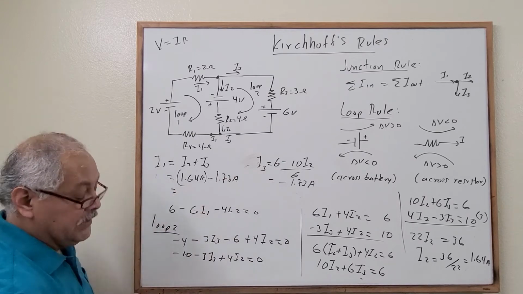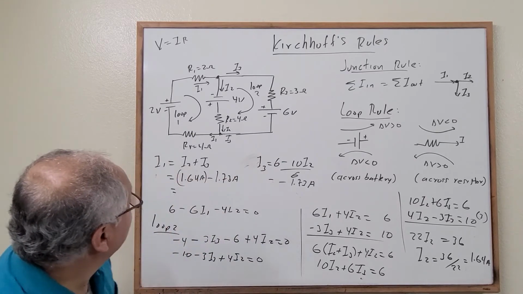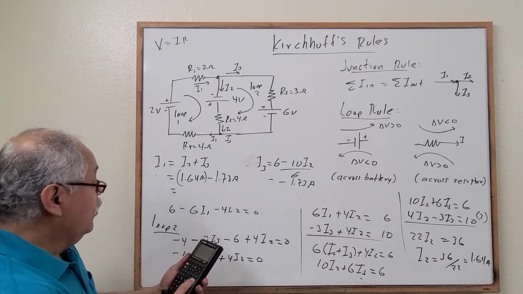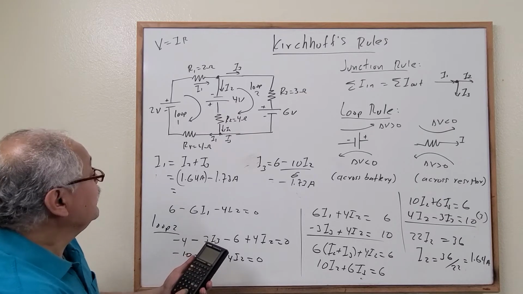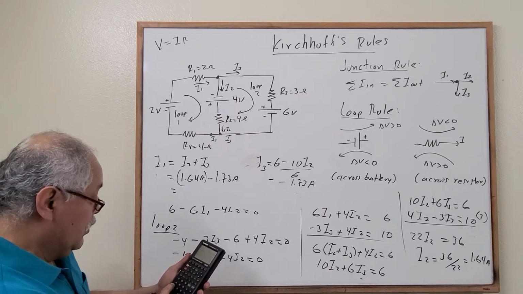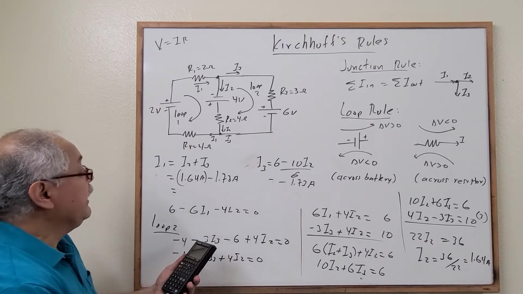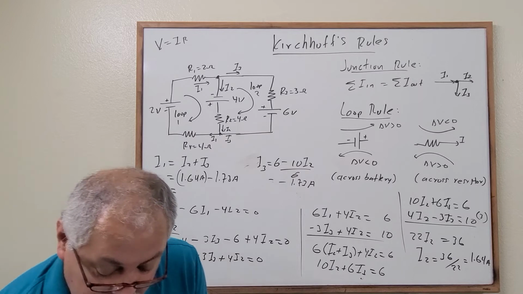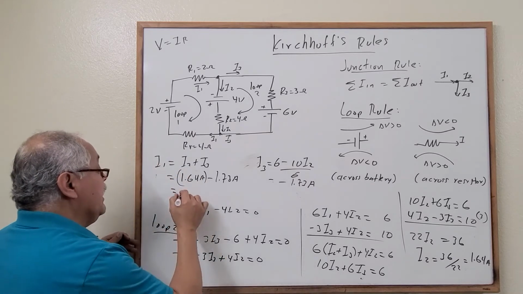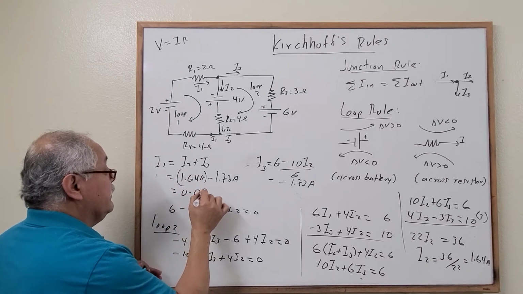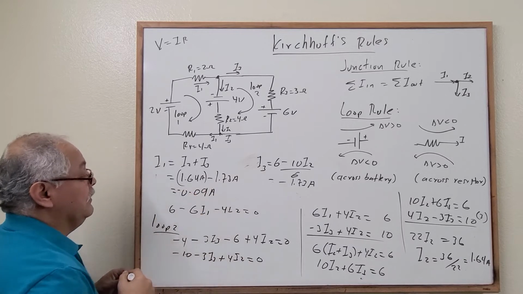What is the answer? The answer is going to be 1.64 plus negative 1.73, which gives negative 0.09 amps. Negative.